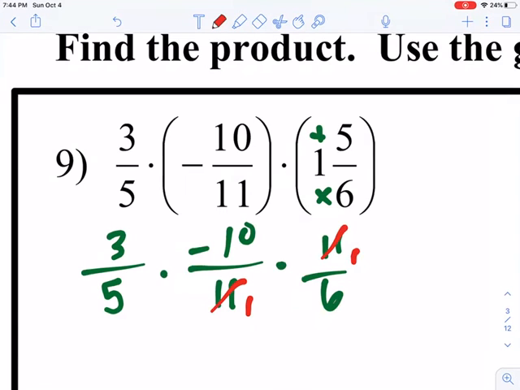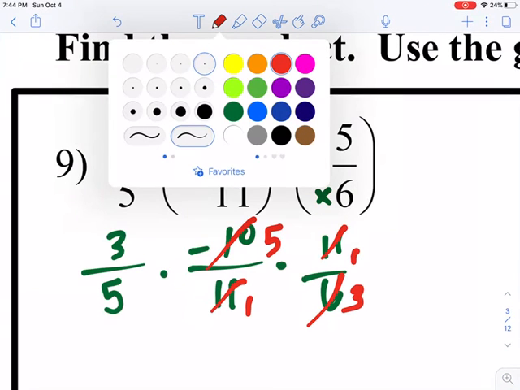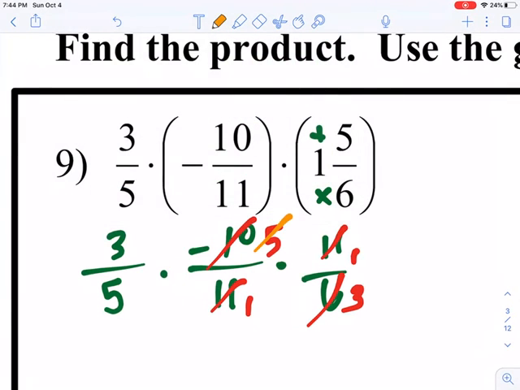You could cross reduce the 6 and the 10, dividing them both by 2, that would give you 3 and a 5. And then you can go even further with that. You have a 5 and a 5 there, and a 3 and a 3, so you could cross those out. So to me, it looks like everything crossed out. So 1 out of 1 equals 1.